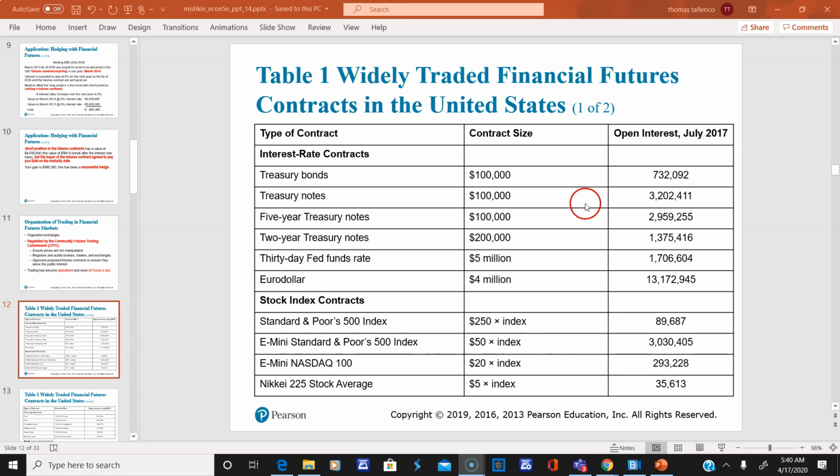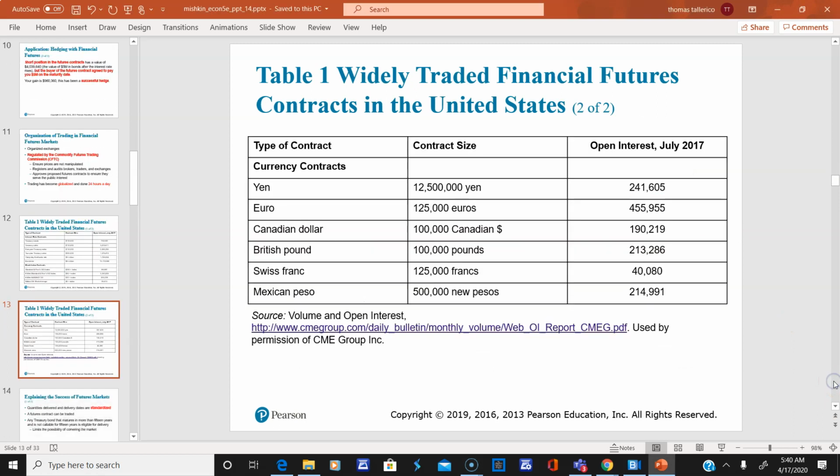This is the contract size, and this was the open interest as of July 2017. And here are currencies, yen, euro. So there are hundreds of futures contracts on all different currencies and everything. And they all have their own contract size. You can read up on these, and I'll give you some links on this stuff, okay?